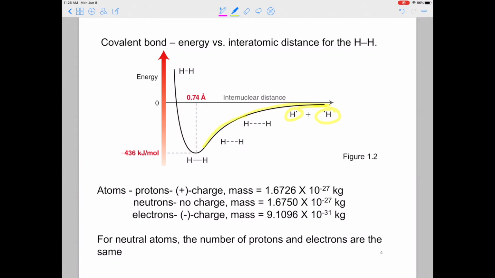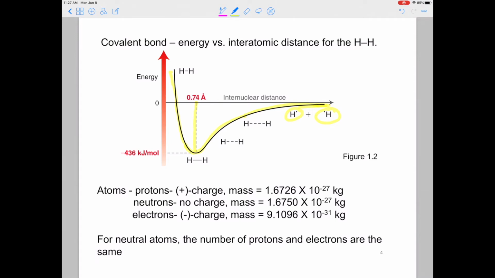And then they reach the ideal distance, which is the bond length of about 0.74 angstroms, the distance between the nuclei. But if you try to compress them more, try to bring those 2 nuclei closer together, Coulombic repulsion takes over, and so the energy starts to go back up. So this value of 0.74 is the idealized bond length between the 2 hydrogen nuclei.